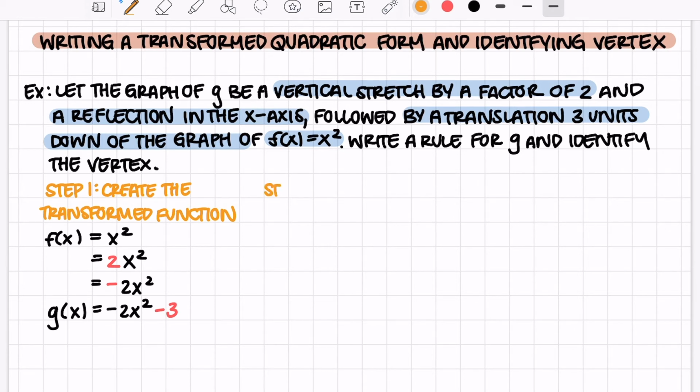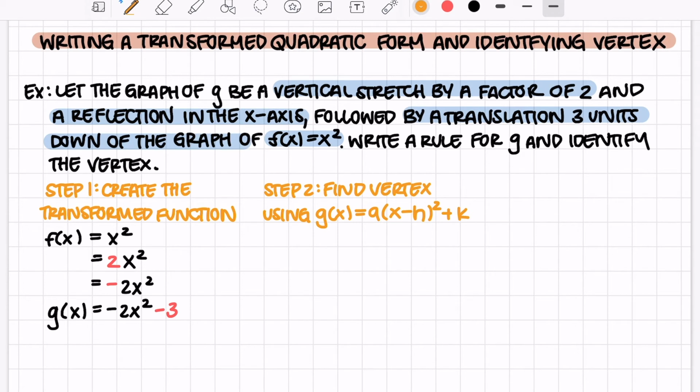So step 2 is to find the vertex. And the best way to find the vertex is to use the vertex form. So vertex using g of x equaling a times x minus h to the power 2 plus k.